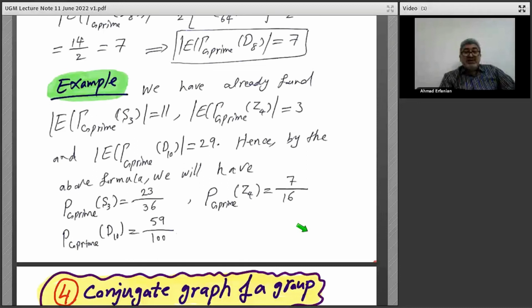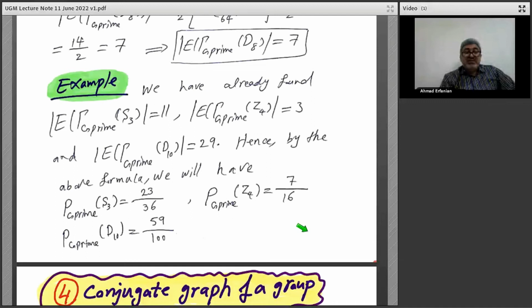Now, by this formula, we can find the number of edges, and as you can see, the number of edges is 7.